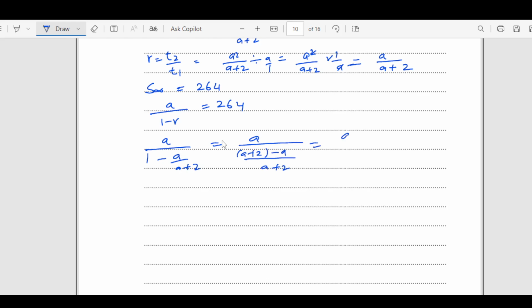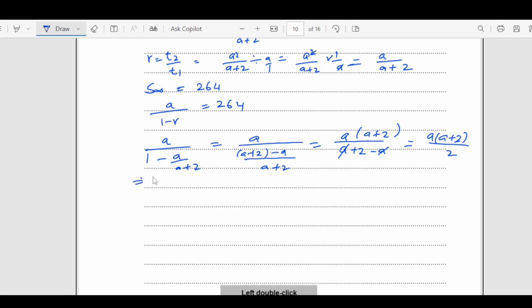This a and a is cancelled, so this is going to be a into a plus 2 over 2. This is the value of S infinity, which is given to us as 264.